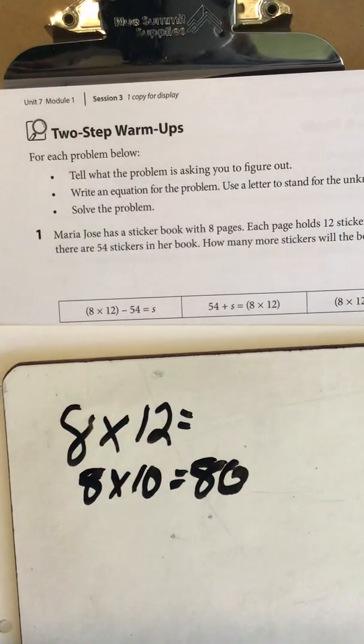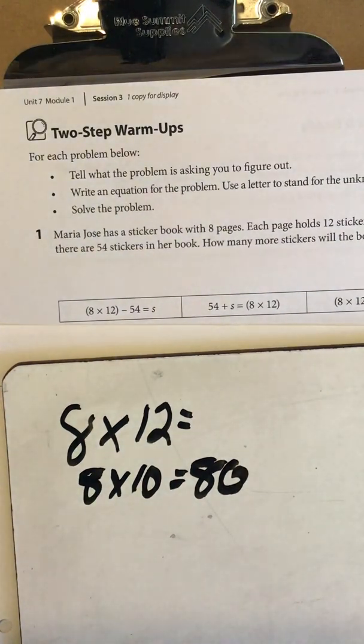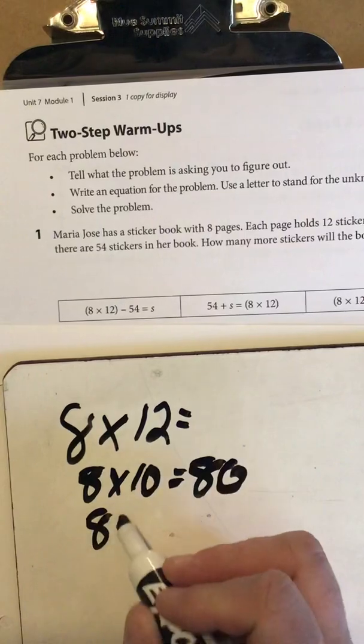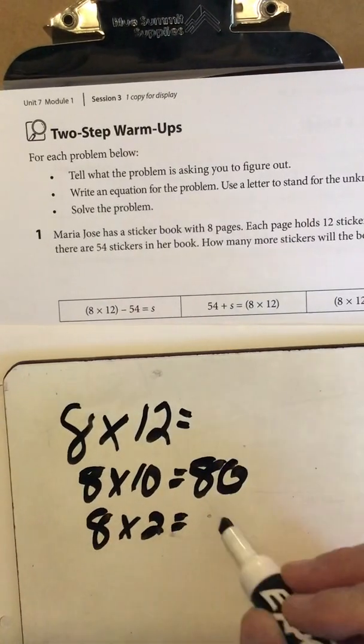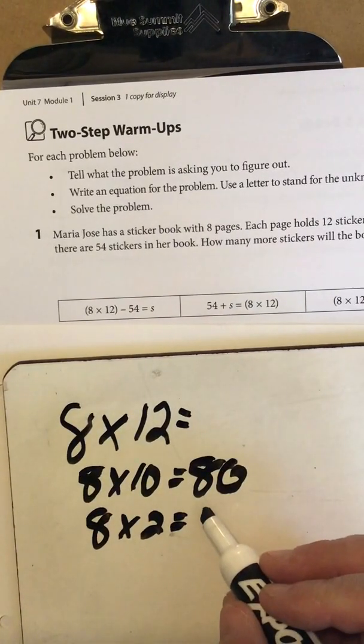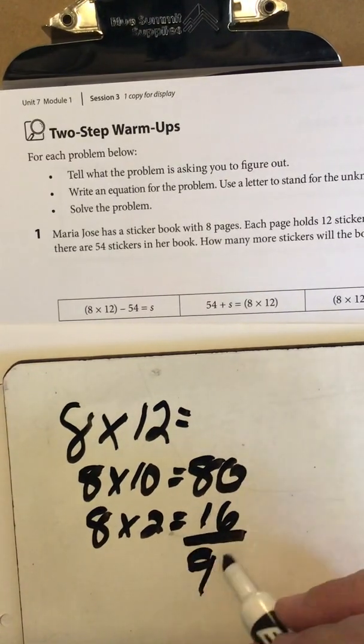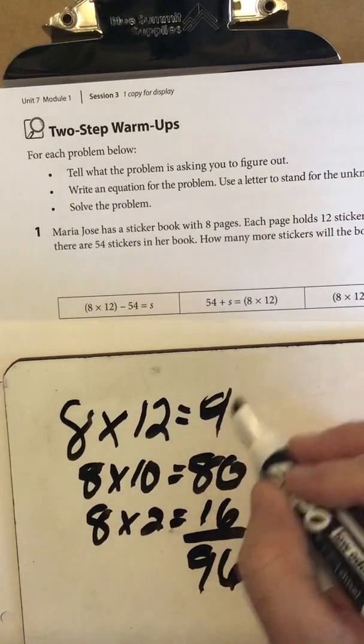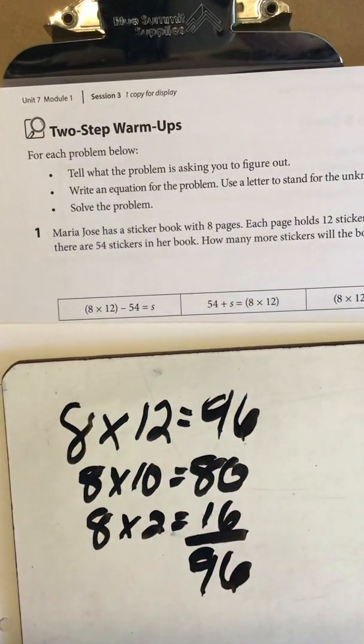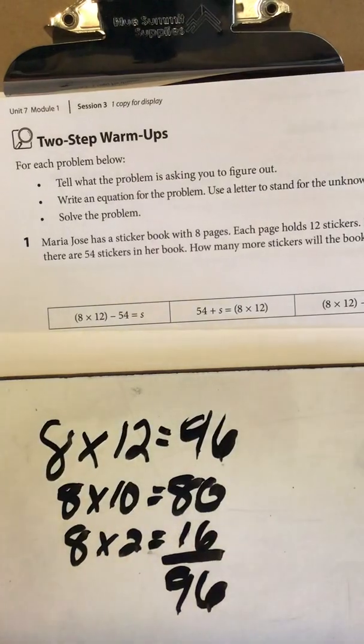I have 2 groups of 8 left. So 8 times 2 will equal 2 groups of 16. 8 plus 8 is 16. 80 plus 16 is 96. So I have 96 that she has 8 pages, and each page will hold 12 stickers.